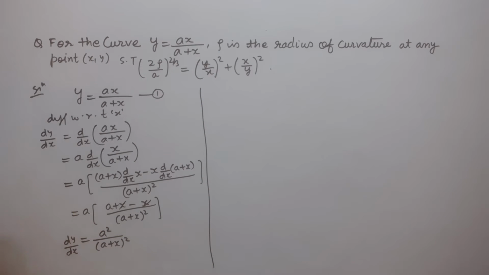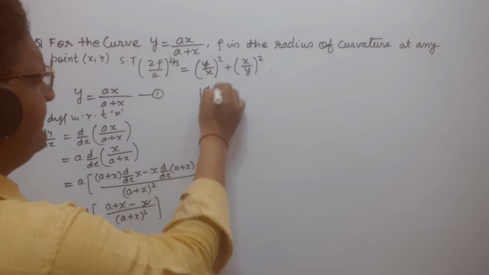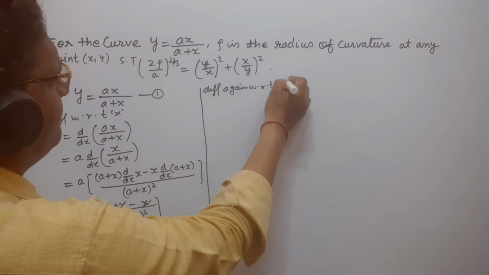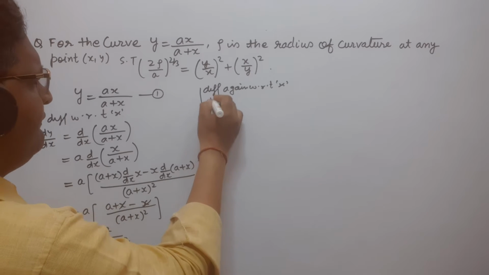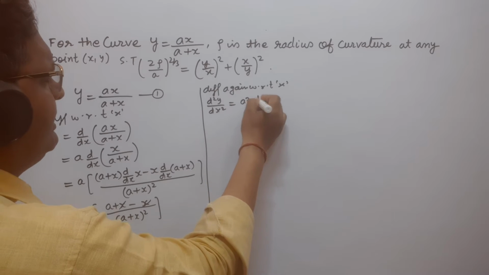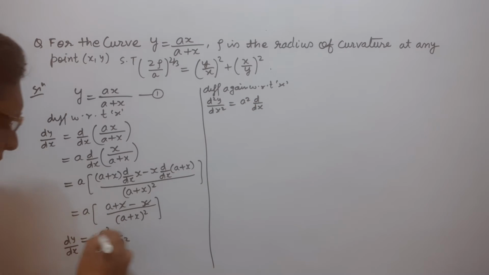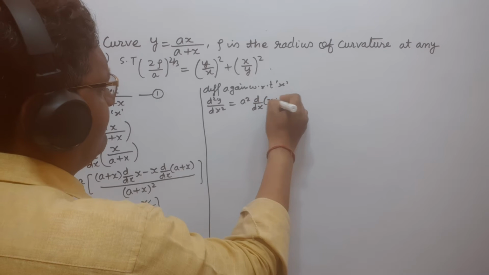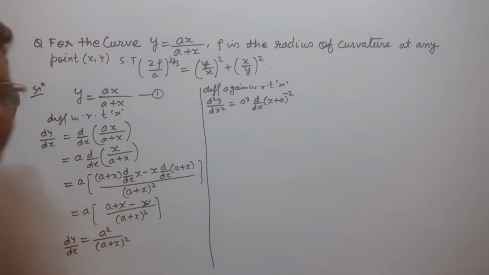Now we find out d2y by dx2. So we differentiate again with respect to x. So we find d2y by dx2 is equal to a square is constant here, and d by dx, and this a plus x whole power 2 goes to the numerator, we write x plus a whole power minus 2.